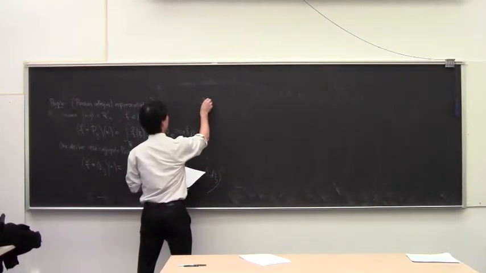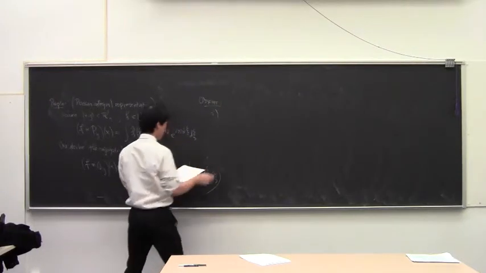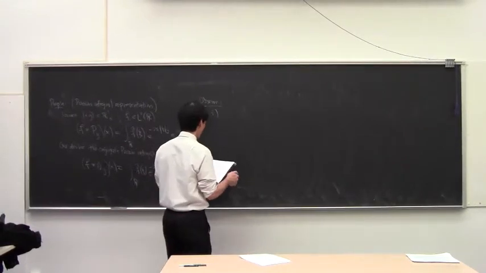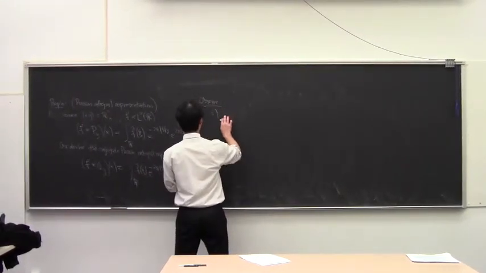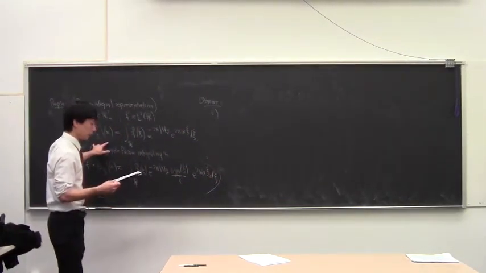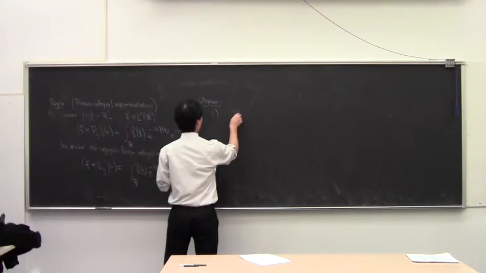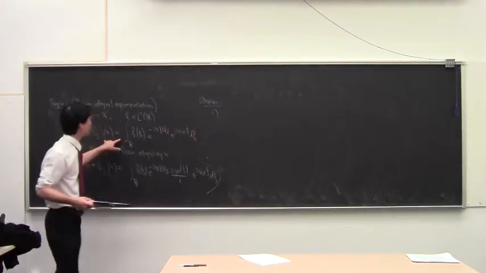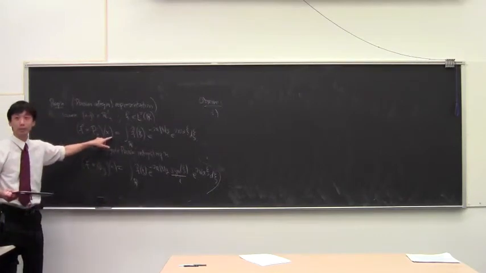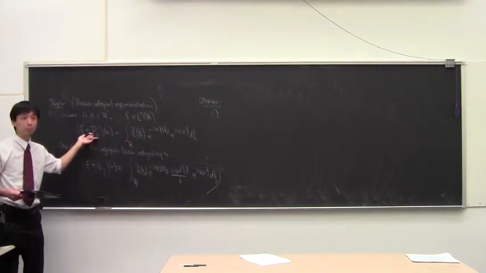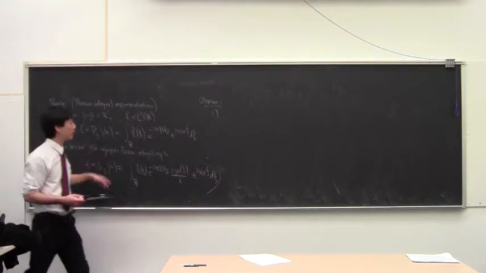So observe, first off, that maybe the first thing that you observe is that if we take the Fourier transform, so what happens when we take the Fourier transform of the Poisson integral representation? Well, if you're taking the Fourier transform of a convolution, what happens to that? Fourier transform of convolution just becomes a product, right?